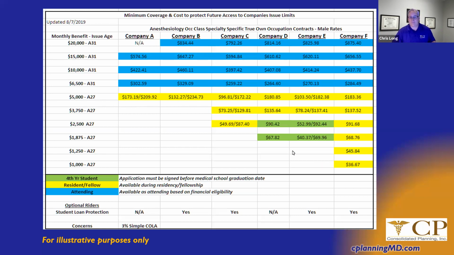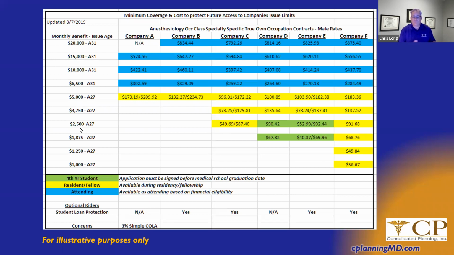Some only have the benefit increase rider, some only have the future increase option rider. Some have both. Now, company C here, for instance, they say in order to get that benefit increase rider that you want, you have to get at least 50% of the amount of coverage that you're eligible for when you apply before they'll put that rider on the contract.